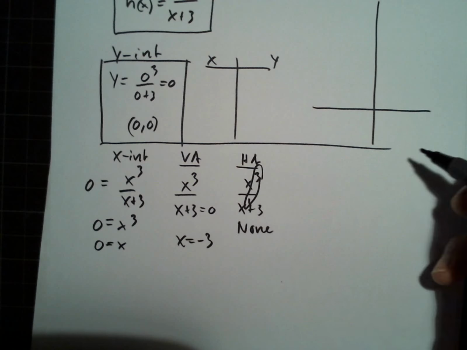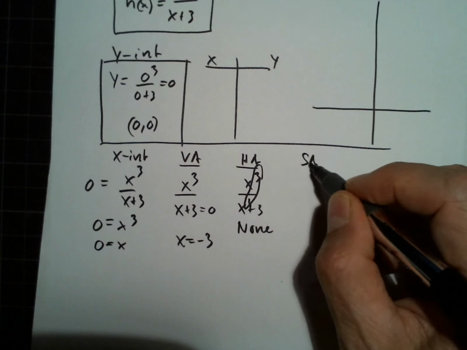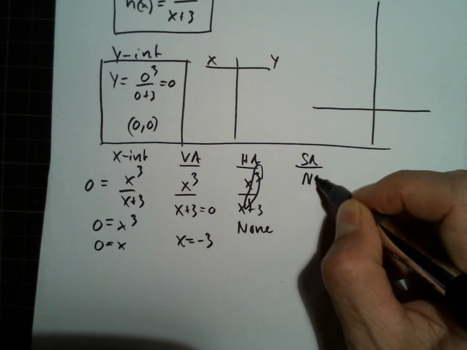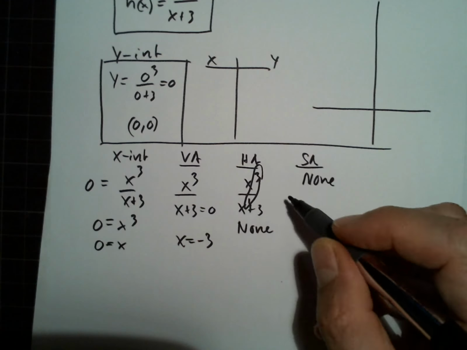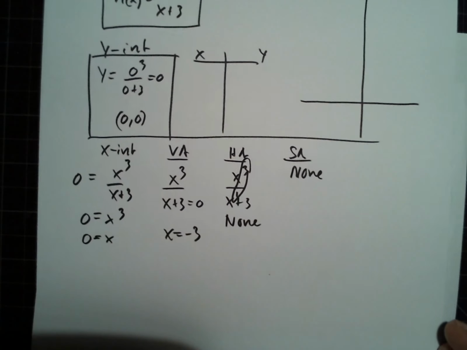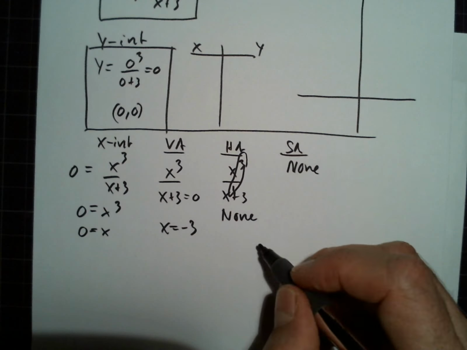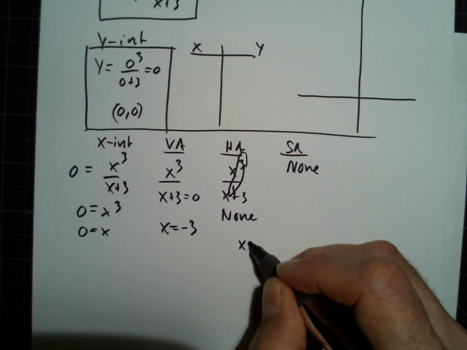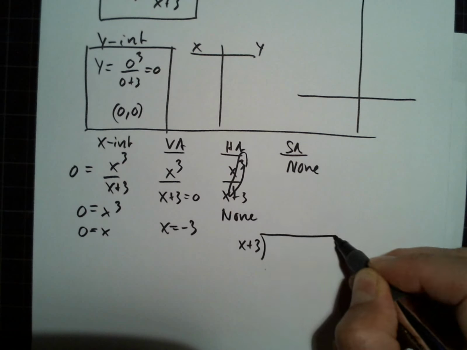And slant asymptote is none, because we need to have the numerator be 1 larger than the denominator. But with this one, we'll go ahead and do the long division.